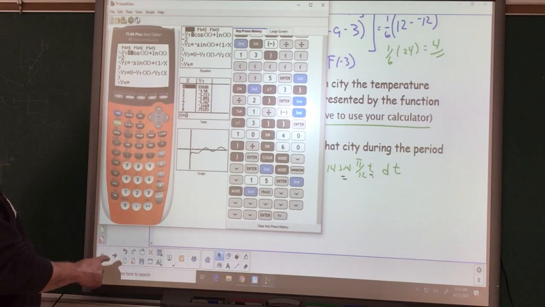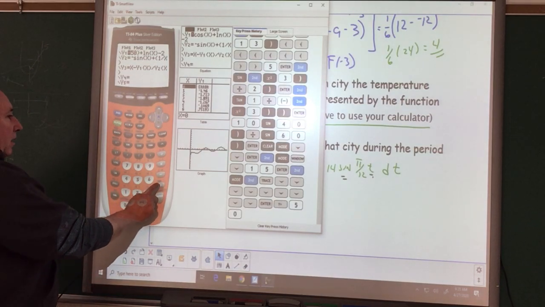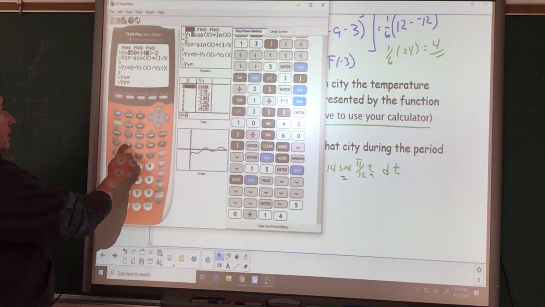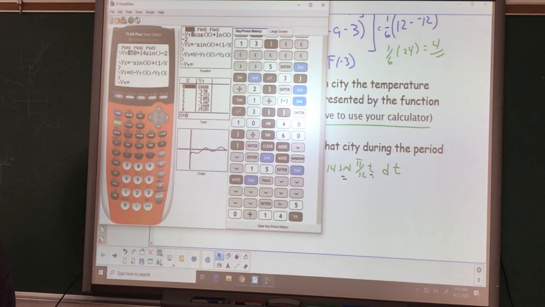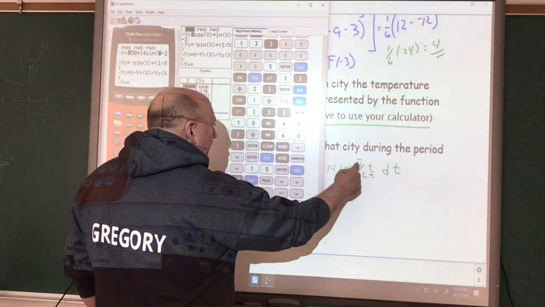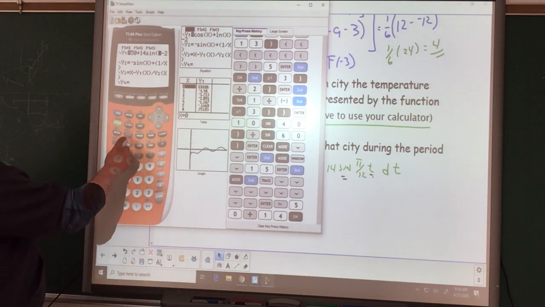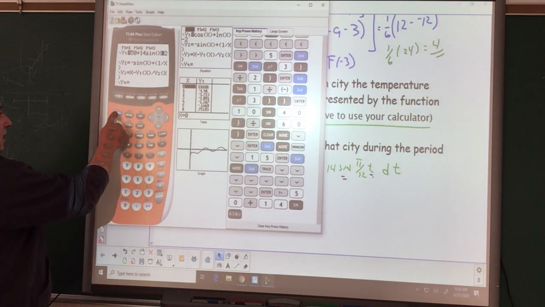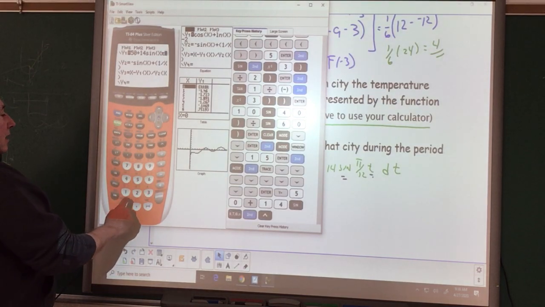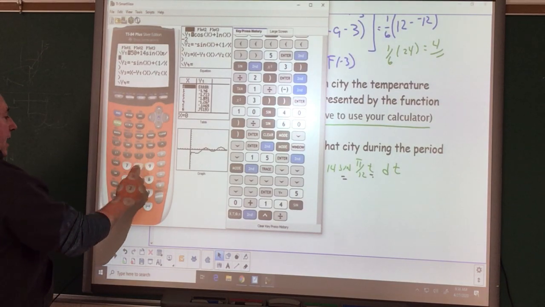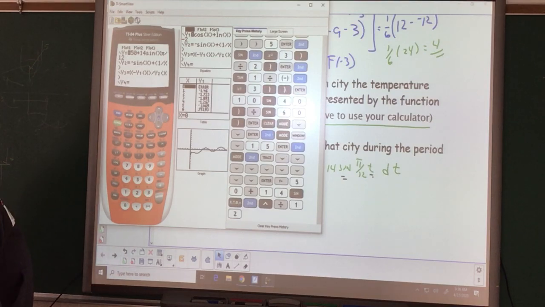So I need to type in 50 plus 14 sine of, I'm going to attach the t with the pi. So I have x pi divided by 12.